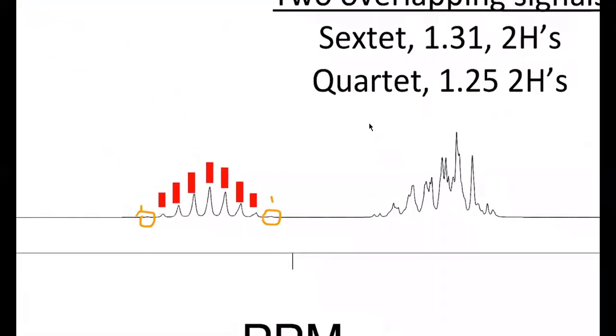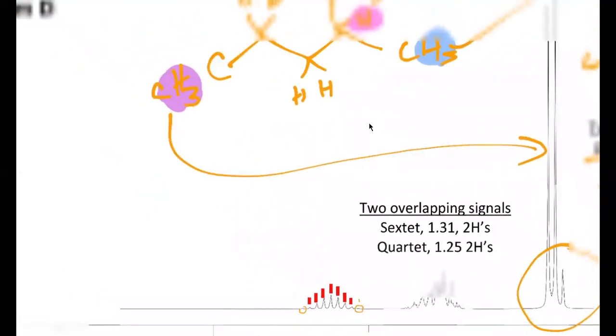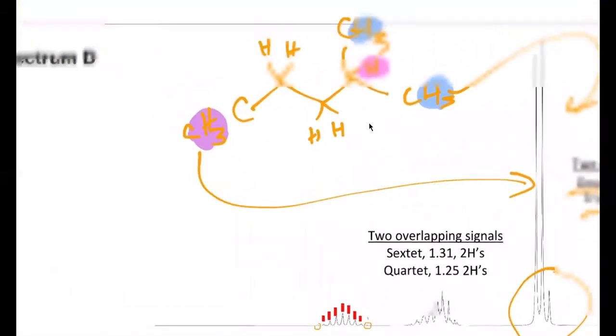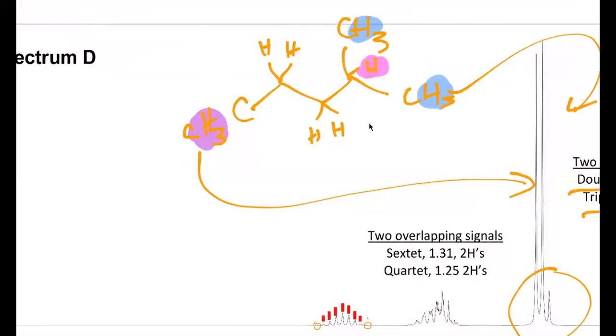And then the other signals are just buried on top of each other right here, where you have a sextet and a quartet. Which one of those is going to be a sextet out of these two? The one you highlighted first. Right, that's going to be the sextet.